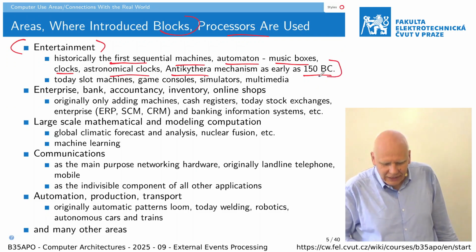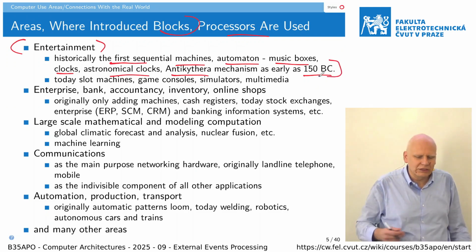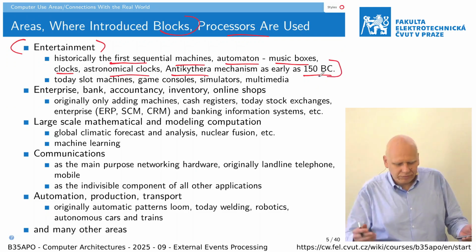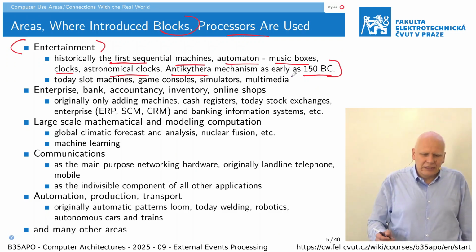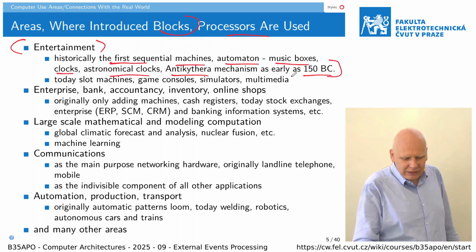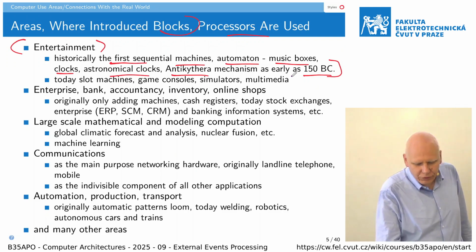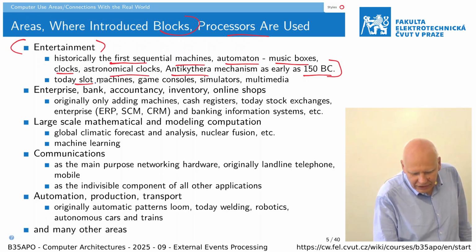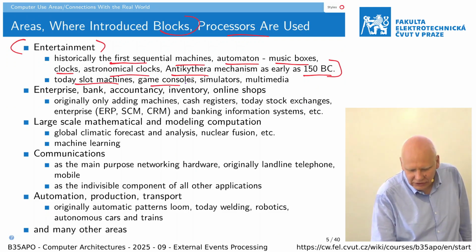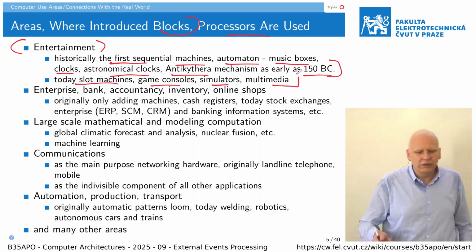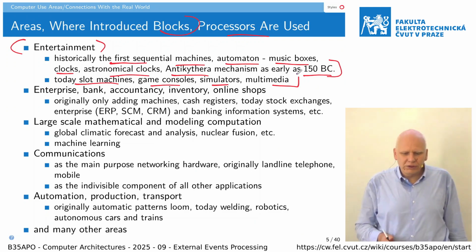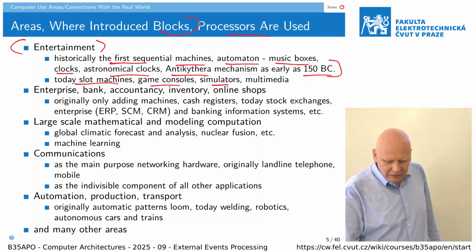So we have a lot of computational or automaton systems which have been used in the past. Some of them have been for entertainment, and if you look today, then we have slot machines, game consoles, simulators, multimedia, and so on. So this area of computer games is quite important.